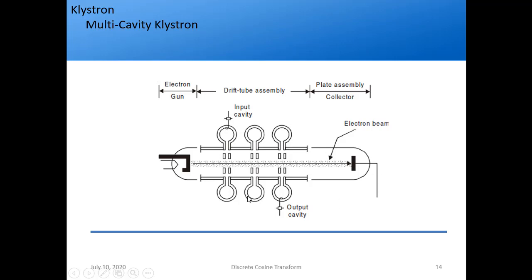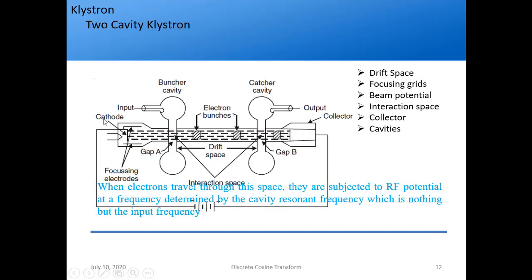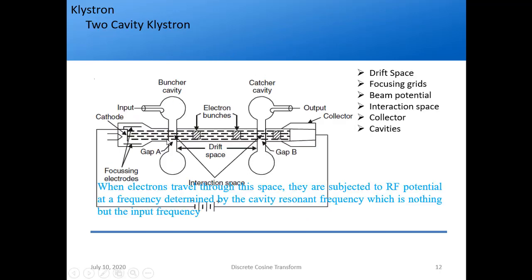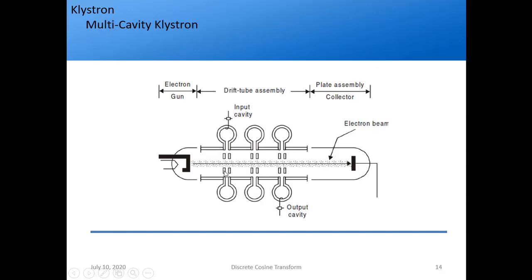Even though this diagram looks different, you can draw the same exact diagram and just show one or two more cavities here. So how will that amplify? Just assume there is one more cavity here. A bunch will be forming along this space, and a bunch will come here also, so it will get further accelerated and decelerated.